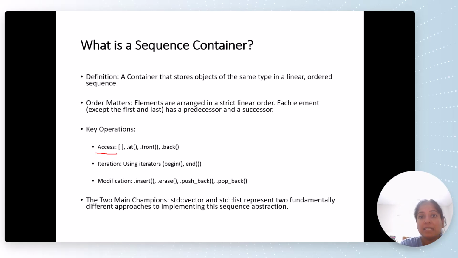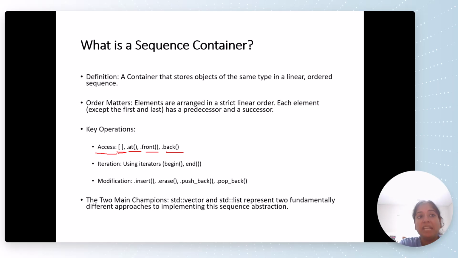If we want to access a particular element at an index, either we can use the square brackets like we use in the arrays, or we can use the .at function, or we can use the front method which gives us the first element of the container, or the back method which gives us the last element of the container.